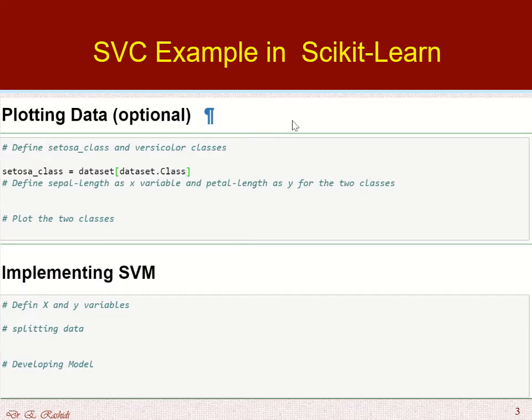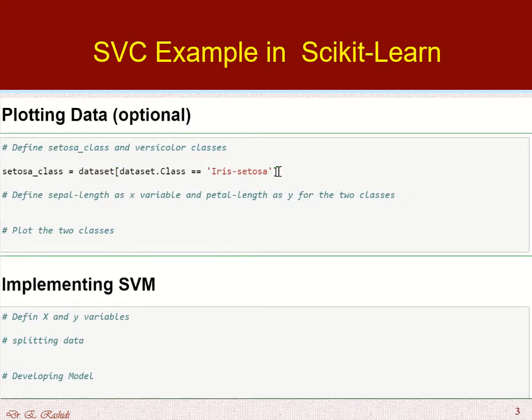So we're going to specify the class equal to the iris Setosa, because this is for Setosa, and we're going to do the same for versicolor class. So also let's do that for the other class, which is versicolor.